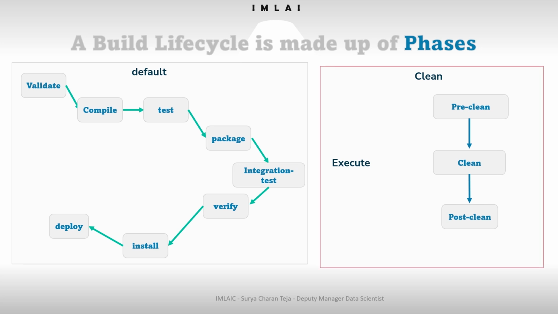So when this command is invoked, Maven executes the tasks by executing the commands like Maven pre-clean, Maven clean, and then Maven post-clean. So this means when you execute Maven clean, it first executes the pre-clean command, then it executes the clean command, then finally it executes the Maven post-clean command.